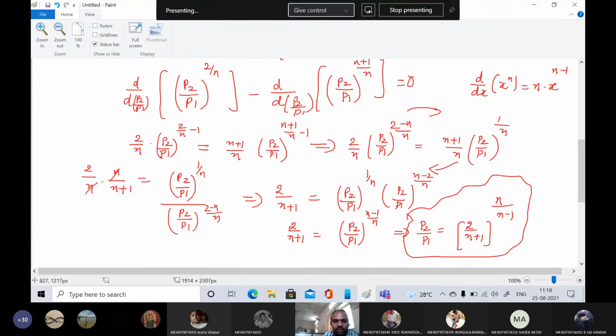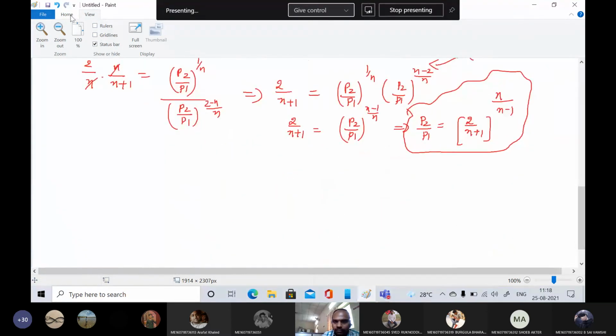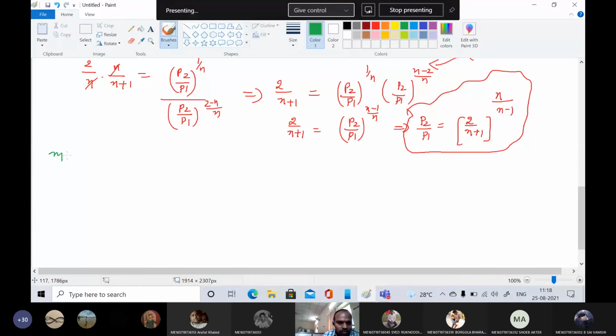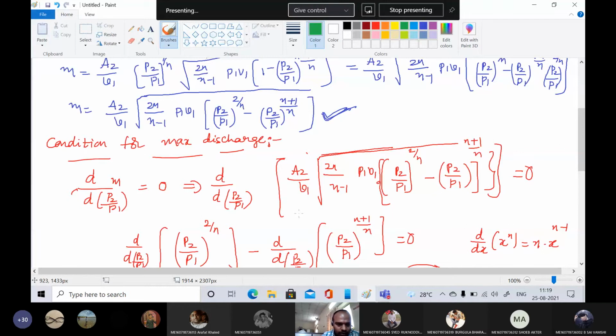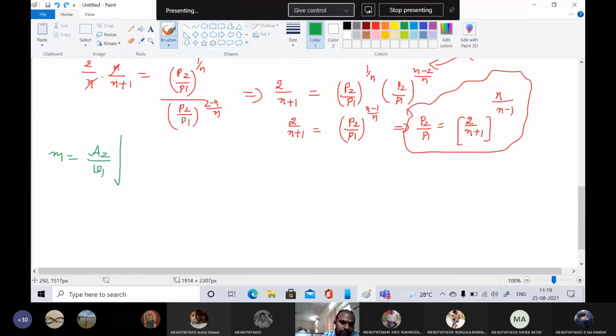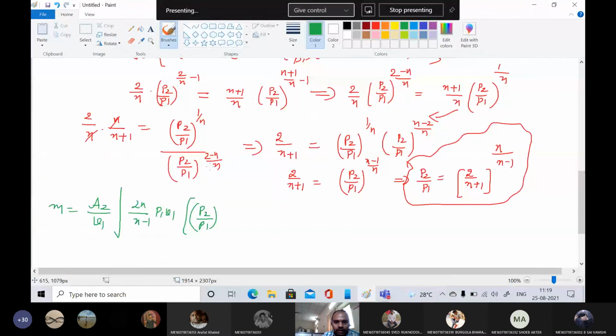So what is the formula for discharge? This is the mass of the steam discharged through the nozzle, right? The formula: M is equal to A2/V1 into, within the root, 2n/(n-1) P1V1 into [(P2/P1)^(2/n) minus (P2/P1)^((n+1)/n)].